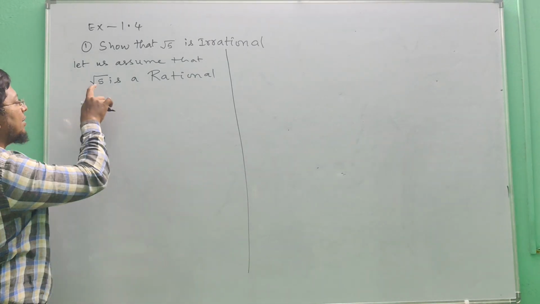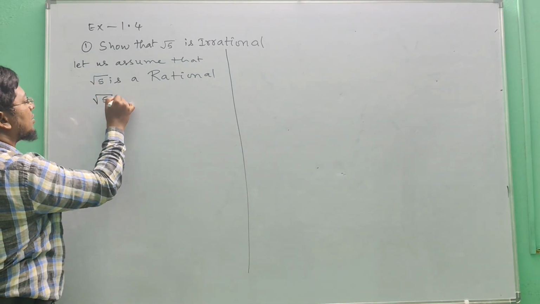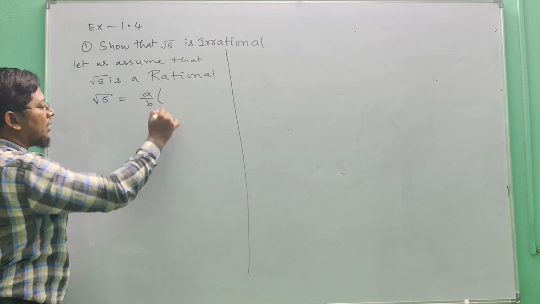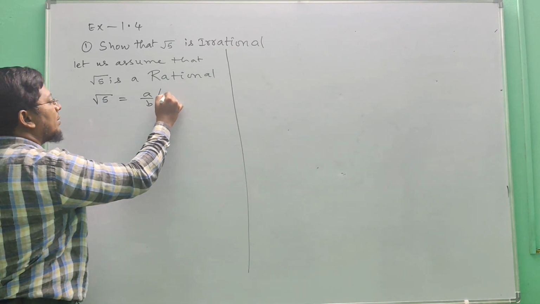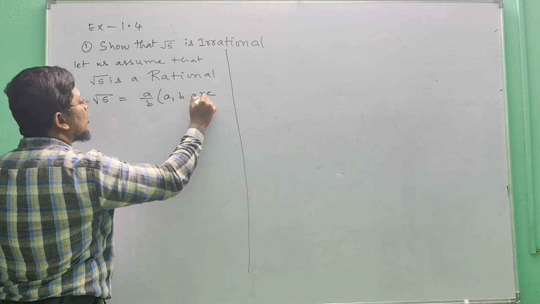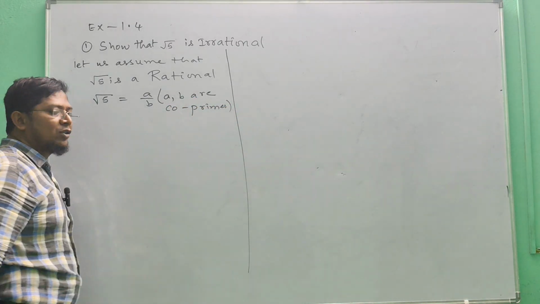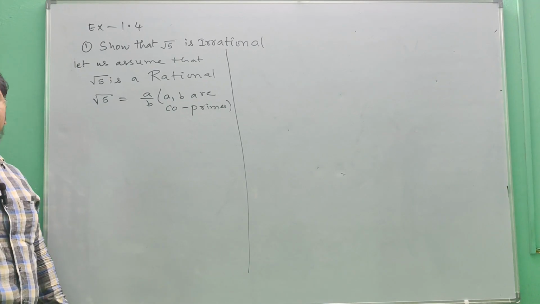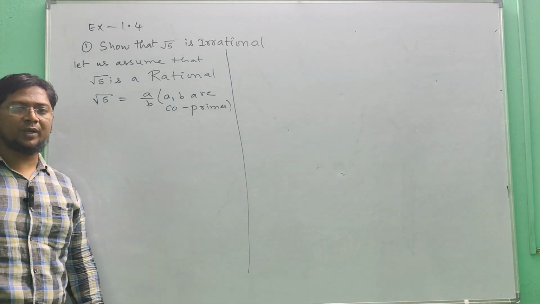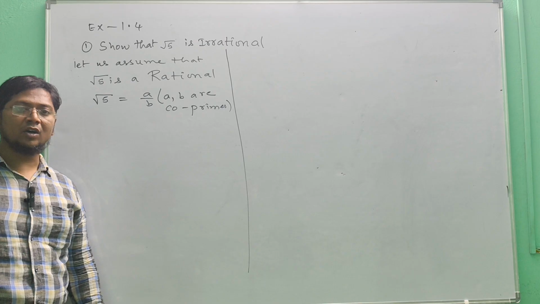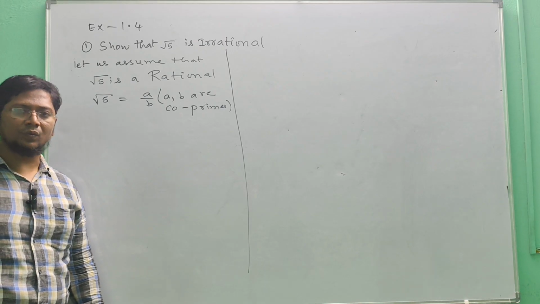What is the second step? If root 5 is rational, it is in the form of a upon b, where a, b are co-primes. What is the definition of co-primes? Two numbers are said to be co-prime if they do not have any common factor other than 1.